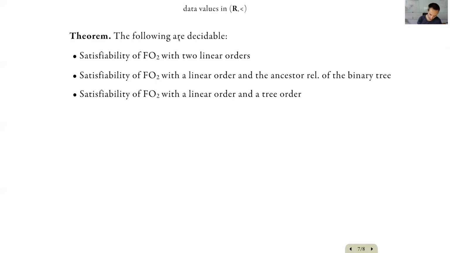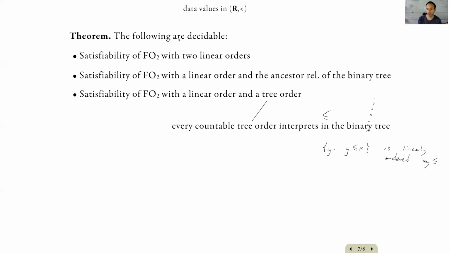So what is a tree order? A tree order is a partial order with a property that for any node x, the upset, so the set of ancestors of x, is linearly ordered. So this is a tree order, and any countable tree order interprets in the complete binary tree.